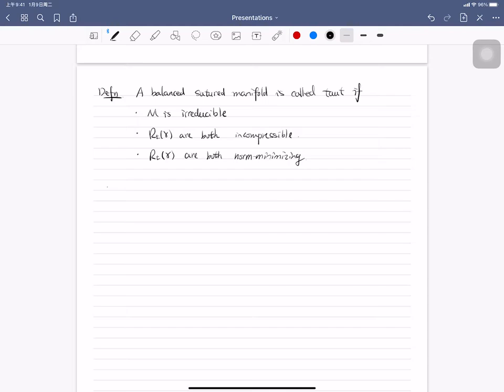The first one: M is called irreducible if any embedded two-sphere inside M bounds a 3-ball.